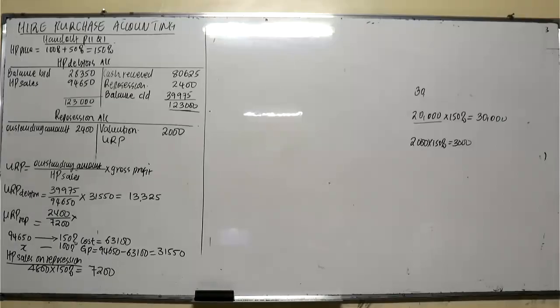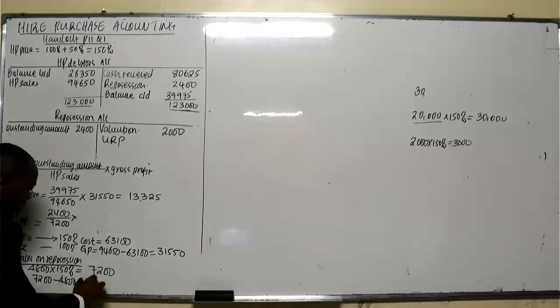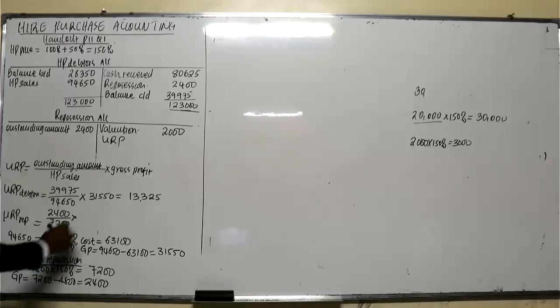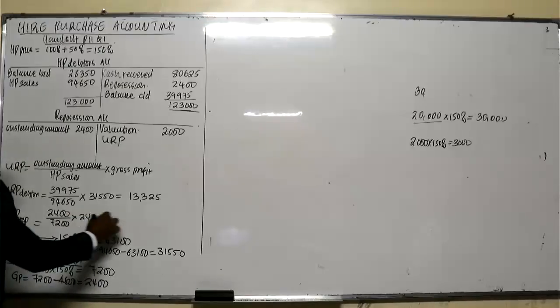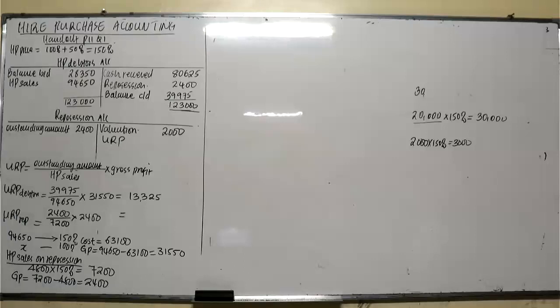You take 7,200 and the cost was 4,800 and you get an amount of 2,400. 400 times 2 you get 800.